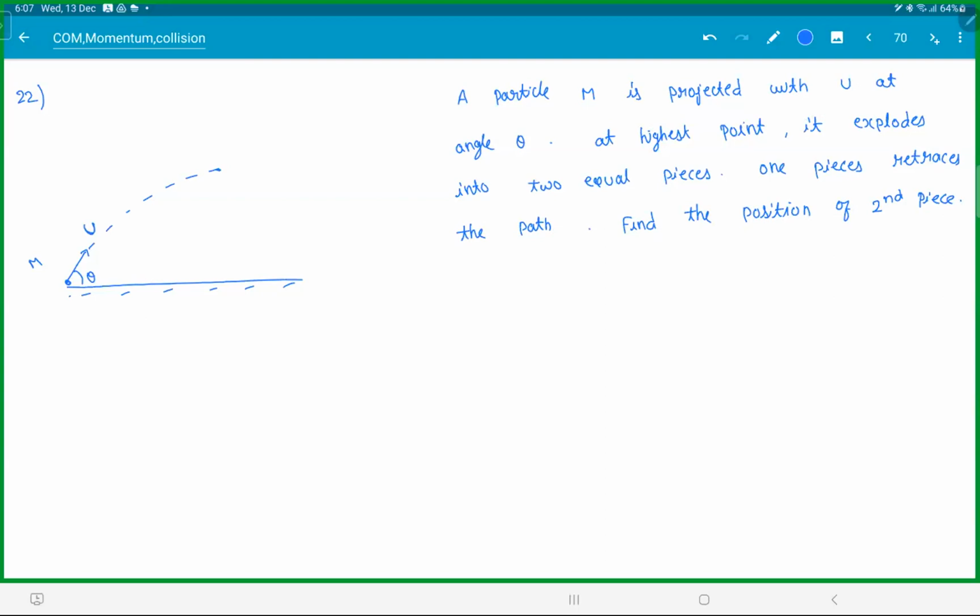Retraces meaning the way it came, it will come back again here. I'm sure you must have seen this. Try, I'll give you a minute.